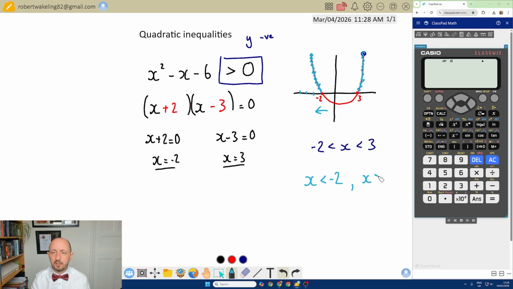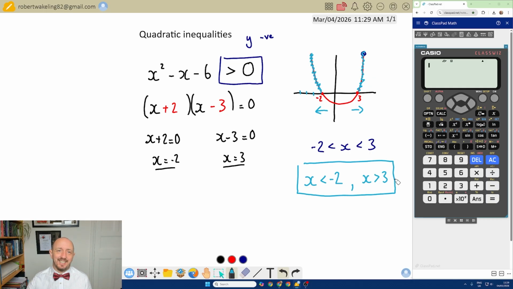X can be greater than 3, to the right of 3. Okay, 4, 5, 6, that will be a y coordinate that's positive. Okay, so for the greater than, we have to separate our answer into two distinct regions of the graph, x being less than -2 and x greater than 3, like that.